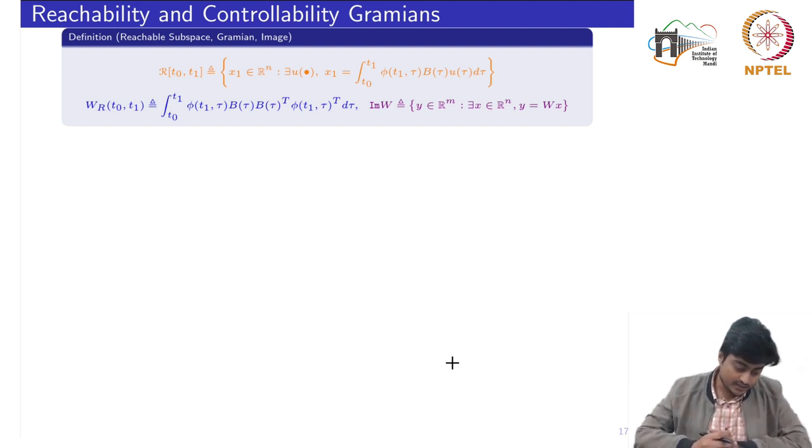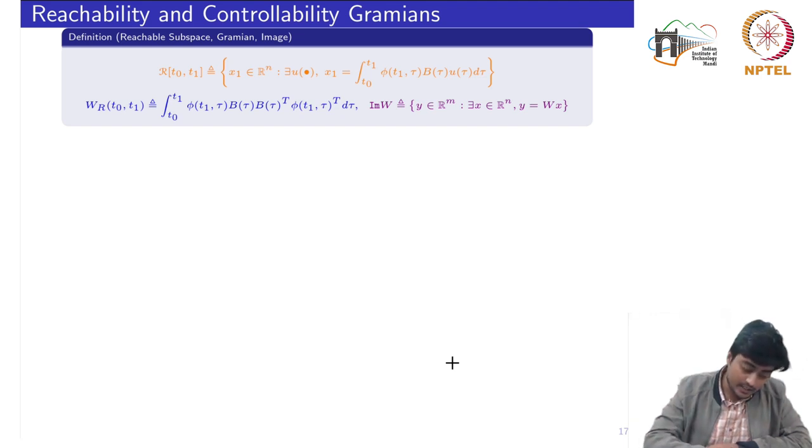Now before stating the results, let's recall the three important terms we have introduced so far. This is the reachability subspace, given by the set of x1 for which there exists a u such that x1 is given by this expression. We have also defined the reachability gramian by this equation, and the image of any matrix W by this set.